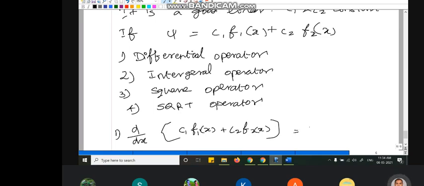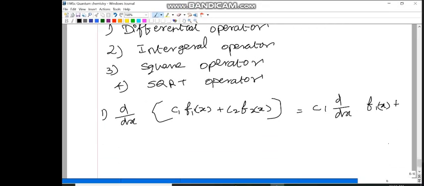So we can write this as c1 d by dx of f1 of x, right? Plus the same thing, c2 d by dx of f2 of x. So it should be equal. If it is addition, it is the equal one.